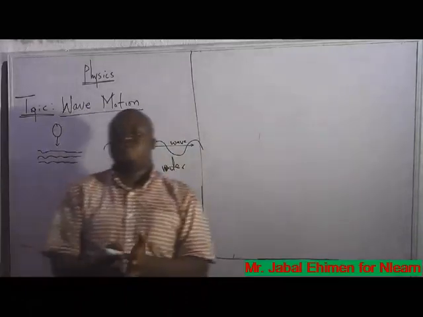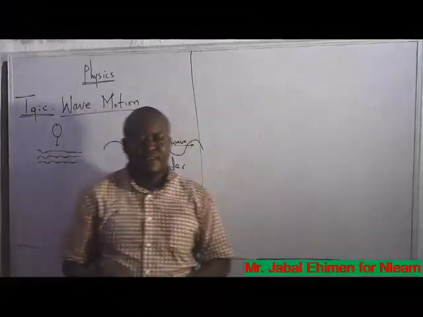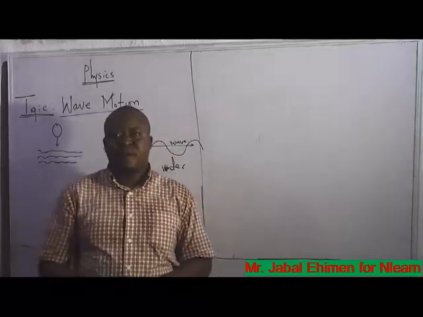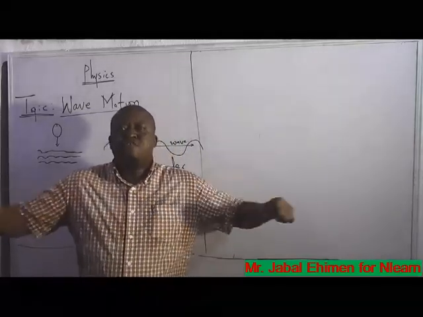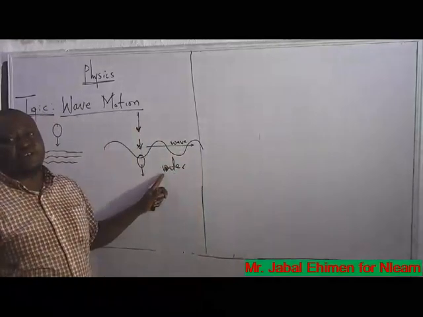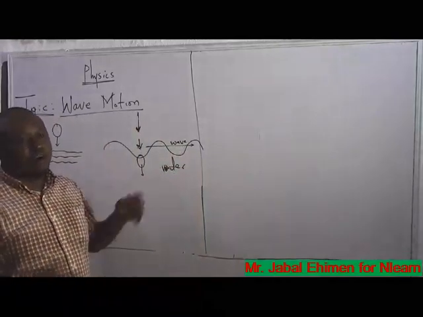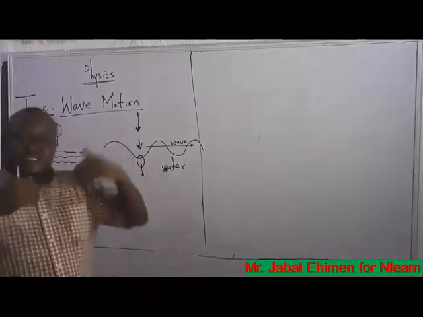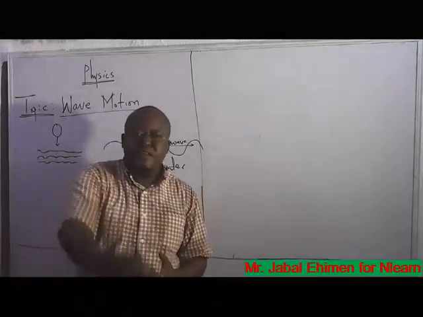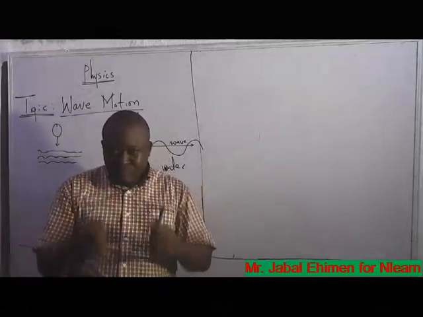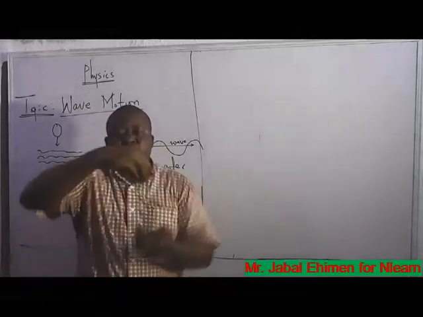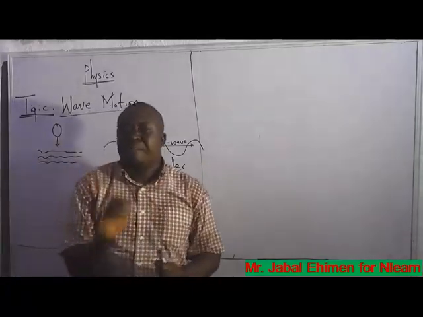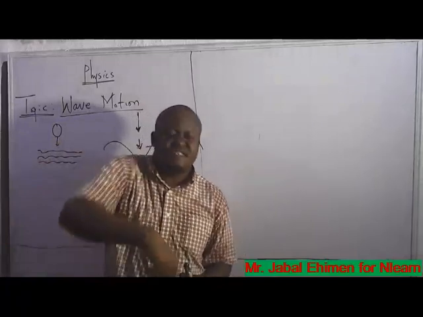So we can define wave directly: wave is defined as a disturbance which travels through a medium. An example of a medium is water, or a string, or a rope. Wave is a disturbance which travels through a medium, transferring energy from one point to another within the medium, but without causing a permanent displacement of the medium itself.